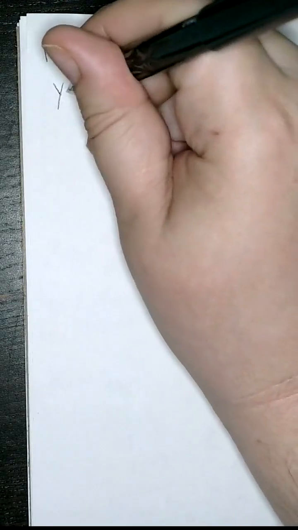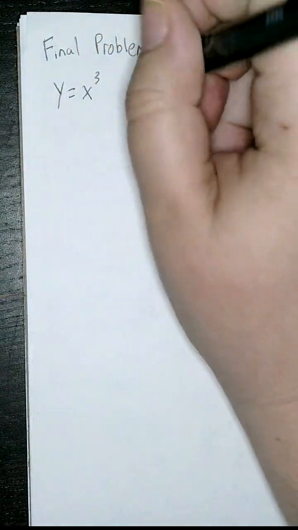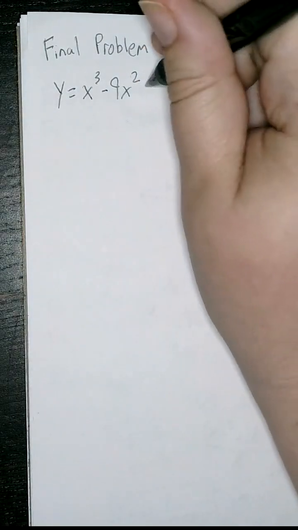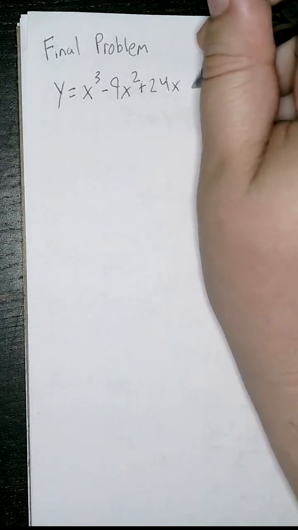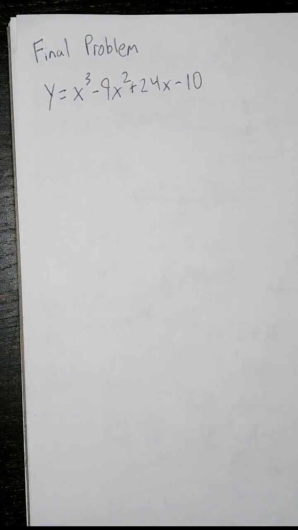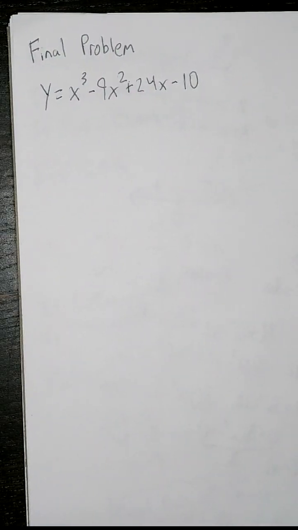Let's do this one. Y equals x cubed minus 9x squared plus 24x minus 10. Alright, so first, I should probably find my x and y intercepts.